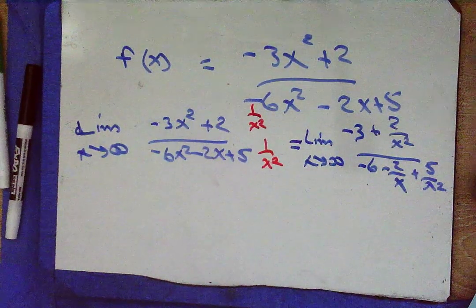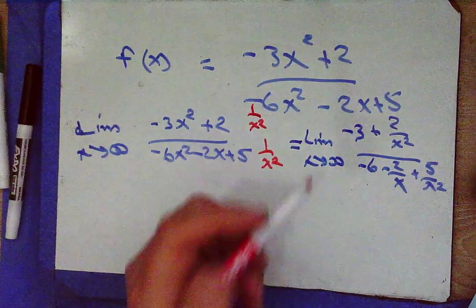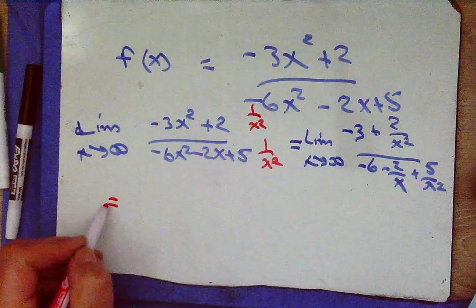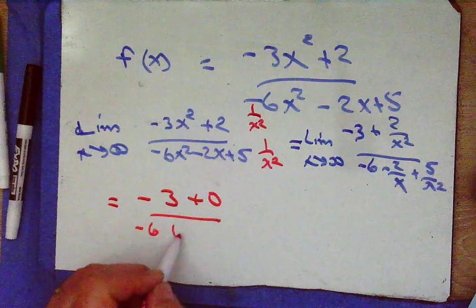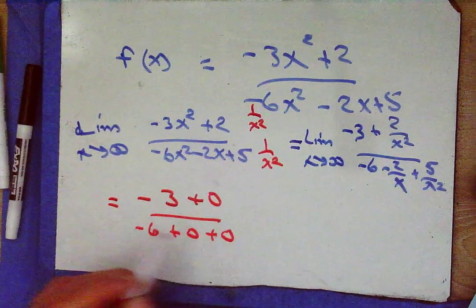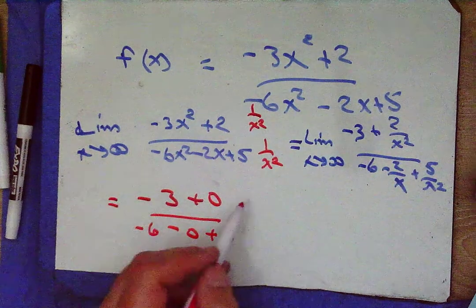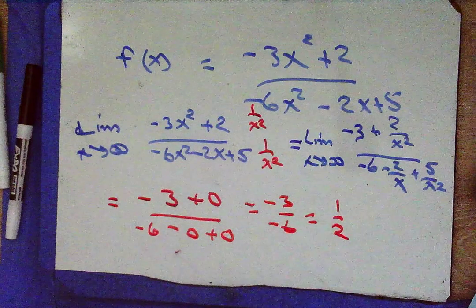Okay, let's think about what happens when we plug infinity in here. If I plug infinity in, those terms all turn into zeros. And so now I'm looking at negative 3 plus 0 over negative 6 minus 0 plus 0. I should use a minus there to be consistent with the notation. So this is negative 3 over negative 6, which is 1/2.